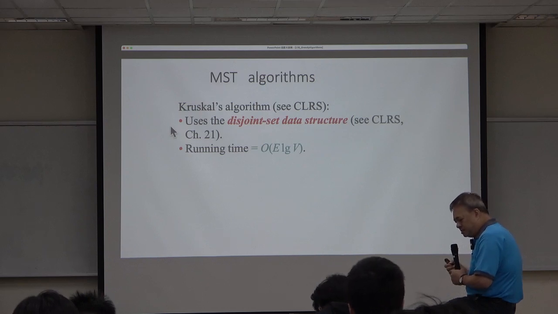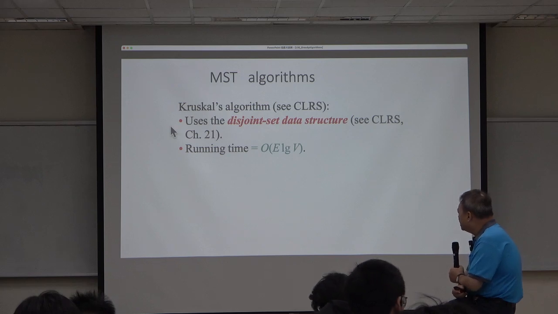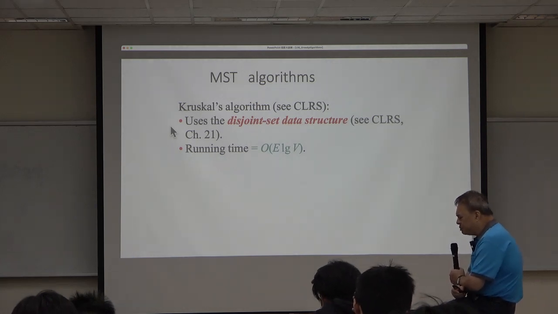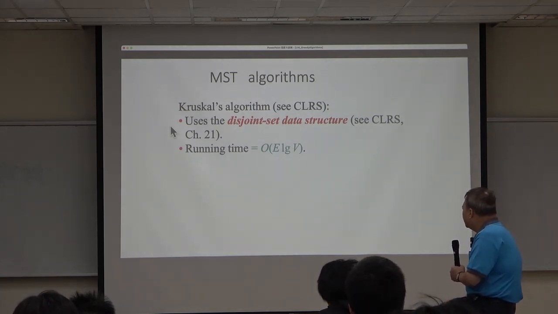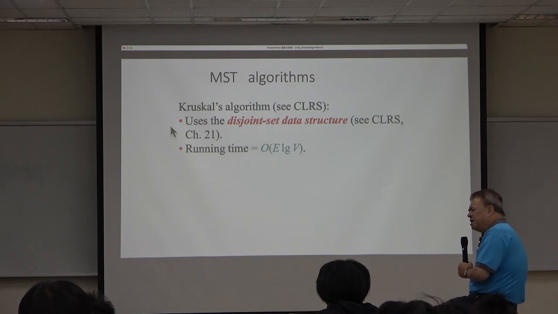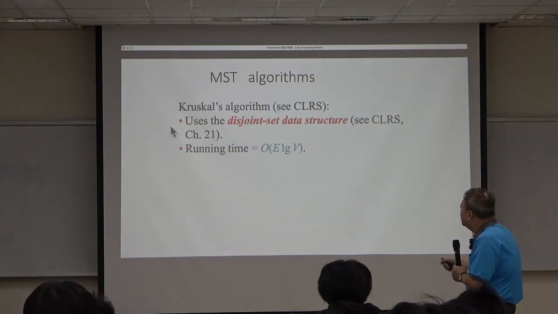So to end the discussion of this chapter, first we talked about one greedy algorithm, which is Prim's algorithm. There's another algorithm which is also very famous for dealing with minimum spanning tree, called Kruskal's algorithm.